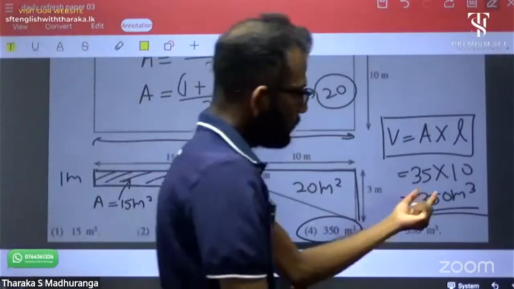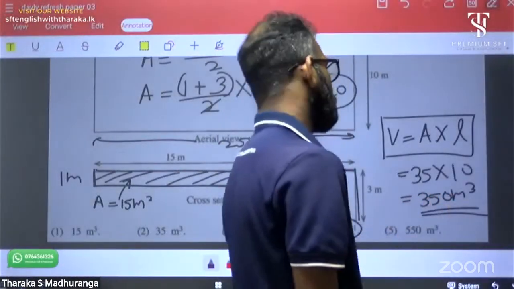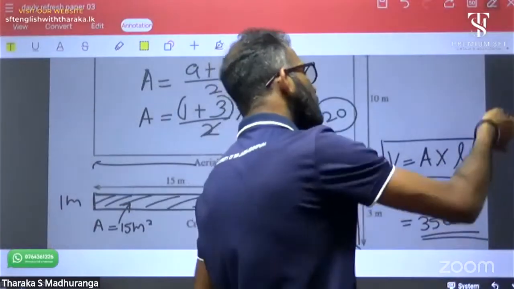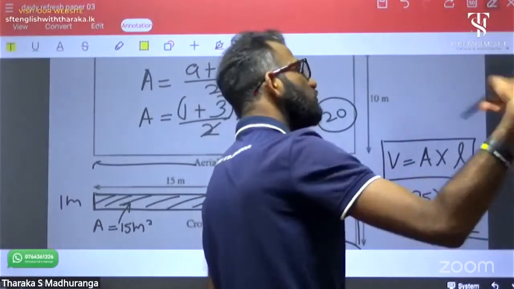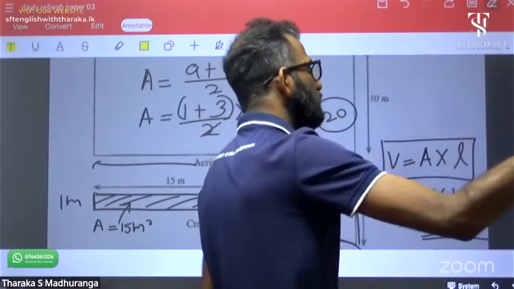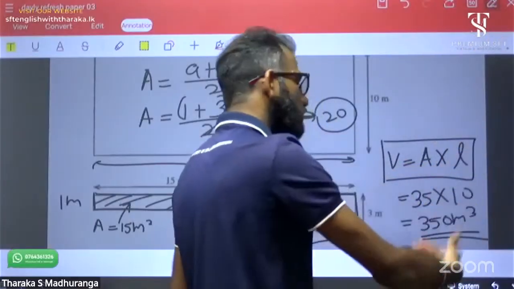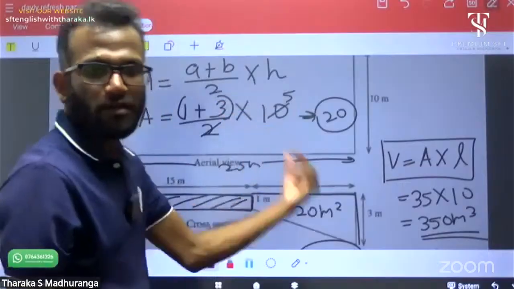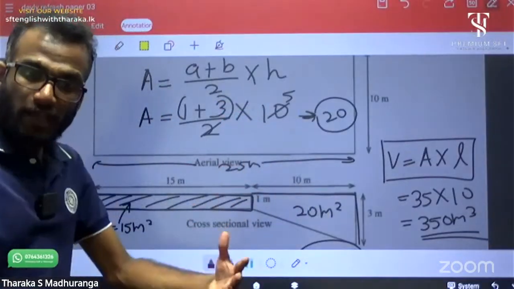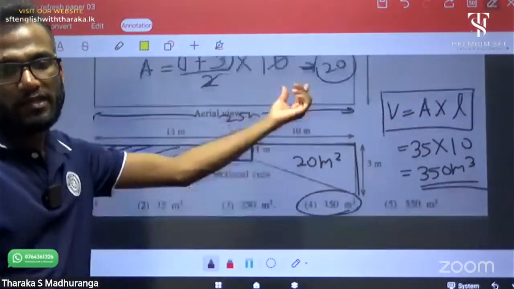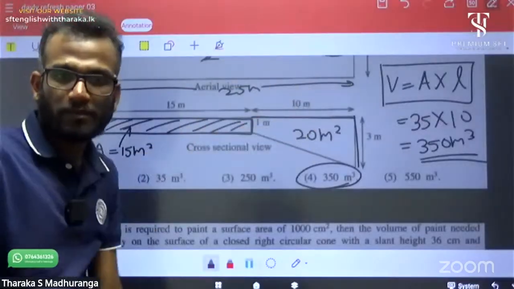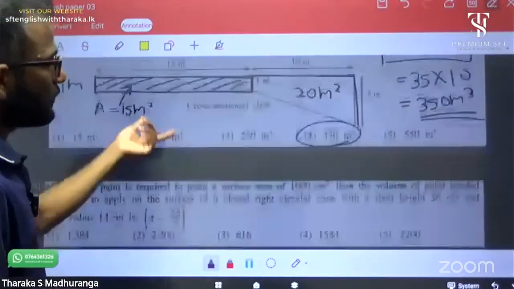It is 350 cubic meters. In liters, you already know any liquid 1 cubic meter means 1000 liters. Then 1000 multiplied by 350 is 350,000, 3 lakhs and 50,000 liters. That's a huge amount, no? A huge amount of water is required.